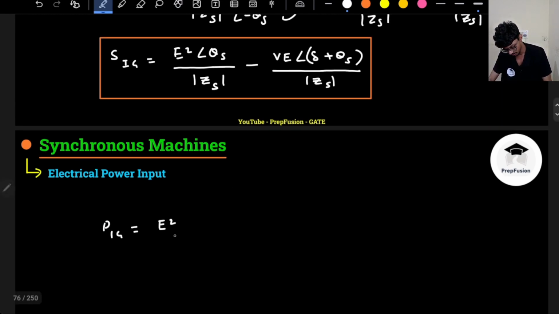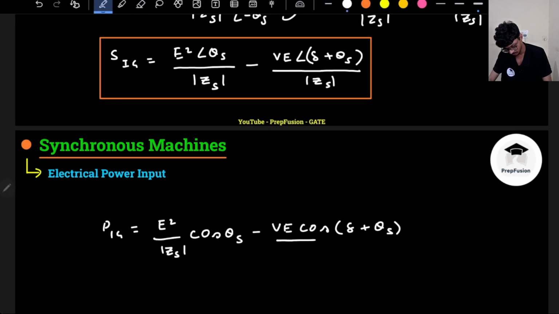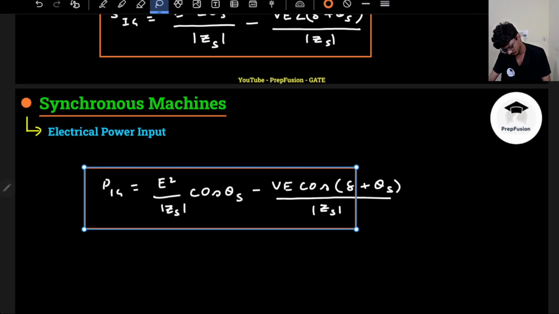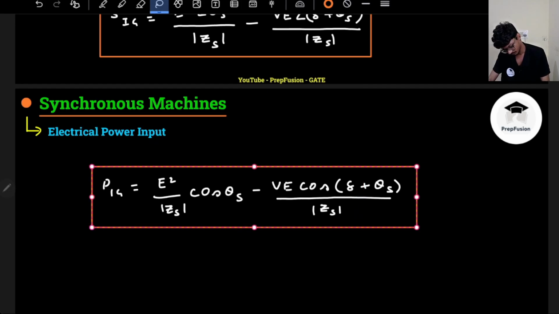It will be E square by magnitude of Zs cos theta s minus VE cos of delta plus theta s divided by magnitude of Zs. Okay, so this is the active power input to the generator.